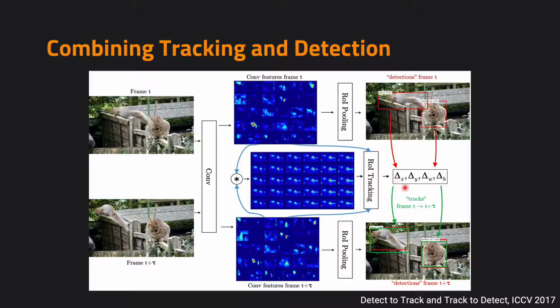And here is an illustration. Those are the feature maps that we see from the convolution networks on each individual frame, and we can build a correlation.